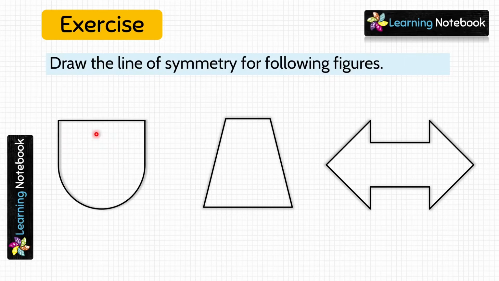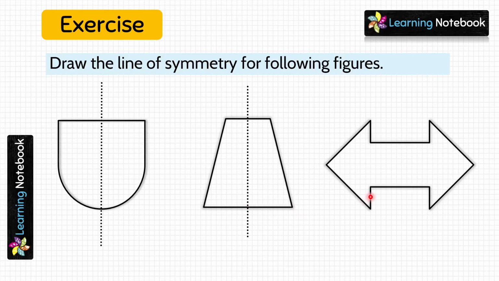We will draw line of symmetry like this. Vertical line of symmetry. This line will divide this figure into two equal halves. Now look at this second figure. Here also students, we will draw a vertical line of symmetry which will divide this figure into two equal halves.